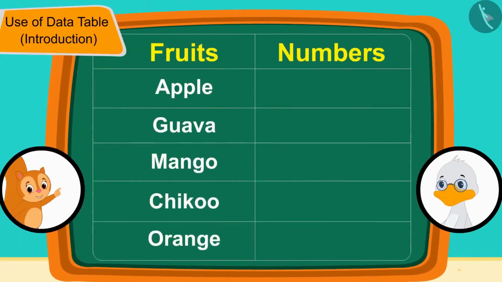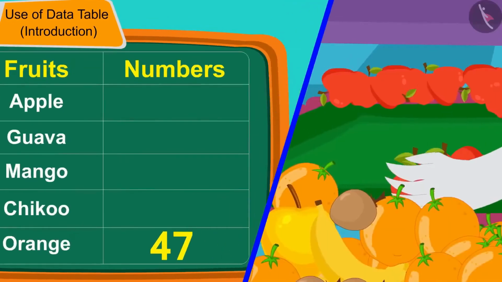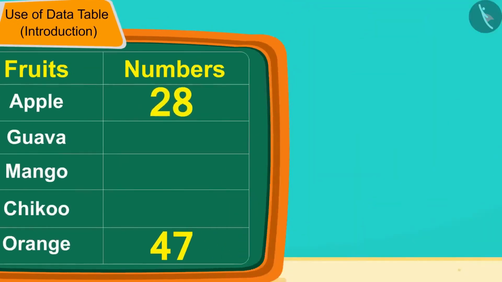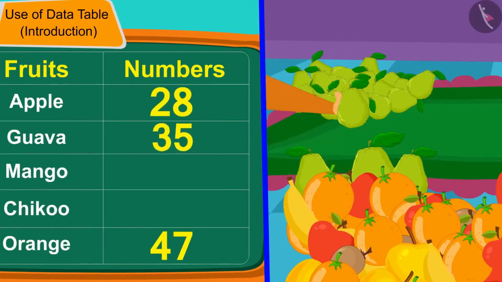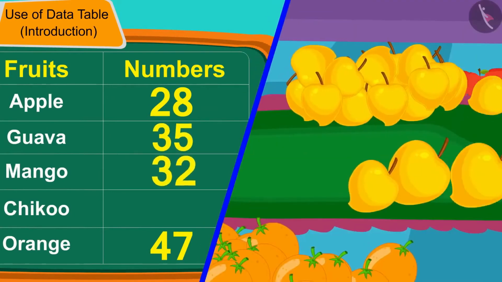Uncle immediately said, 47. Chanda wrote this number in front of the orange in the table like this. Uncle and Chanda once again counted all the fruits and wrote their numbers in the table.